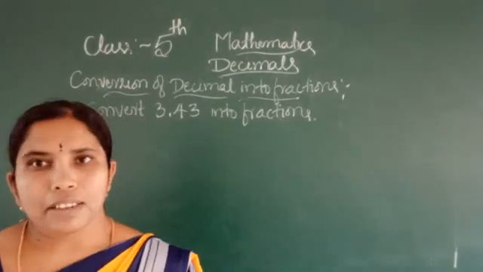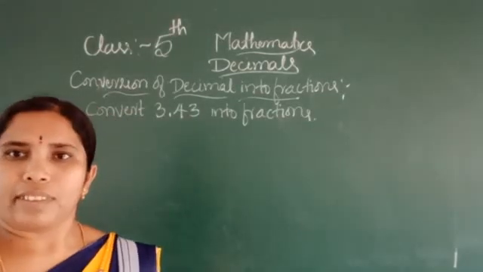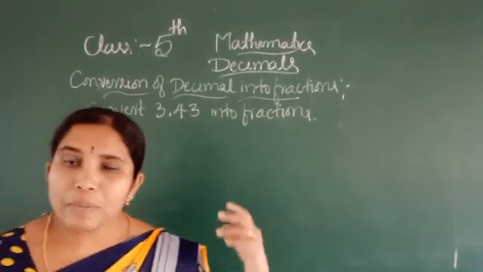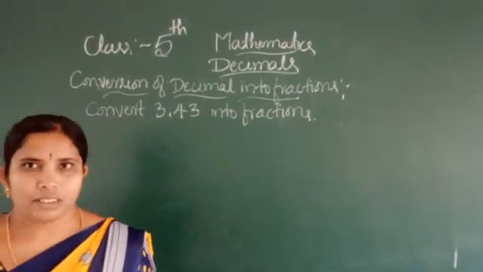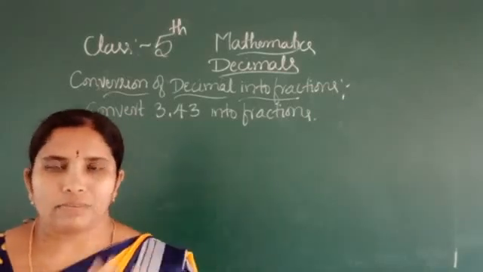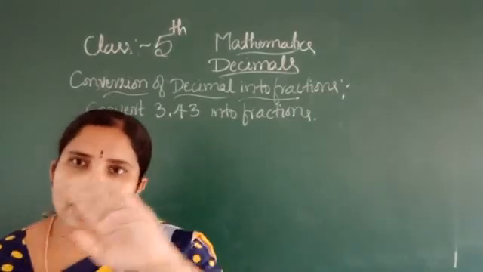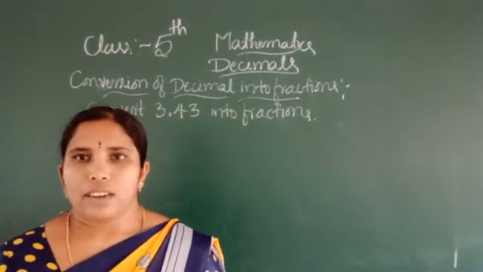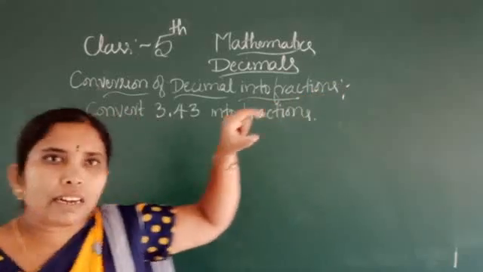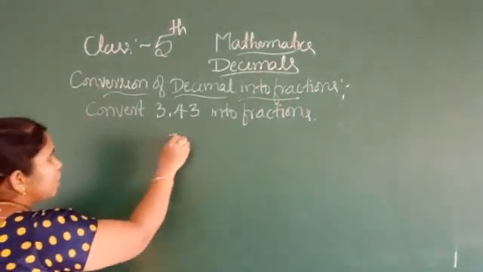See, it is a very easy problem. What is the first step? Remove the decimal point. So imagine here the decimal point is not there. Okay, so write that number in the numerator, means 343.